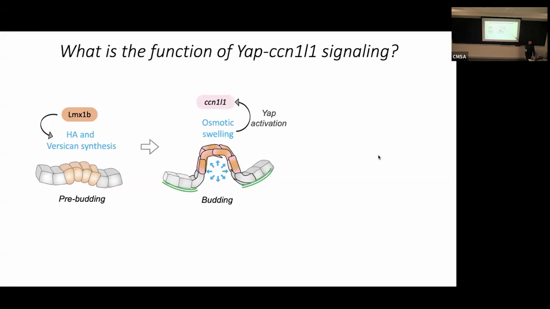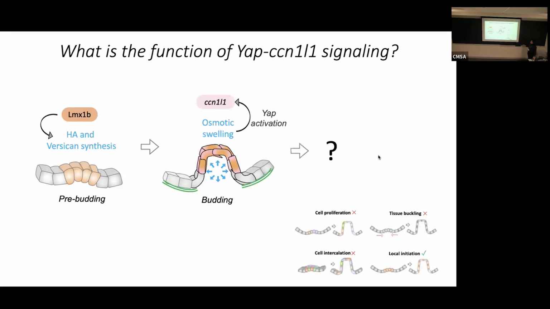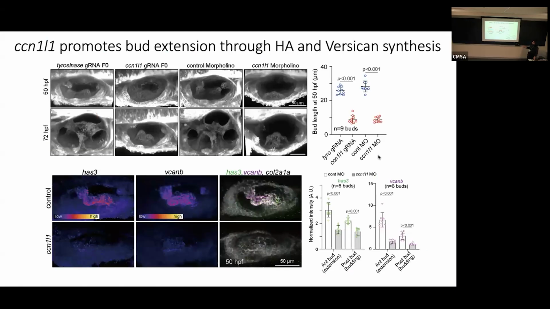So what is this pathway doing here? I told you that there is almost no cell proliferation happening, so much so that if we block cell proliferation for 12 hours, morphogenesis still continues. And one of the most known functions of YAP is cell proliferation. So what is YAP doing here?